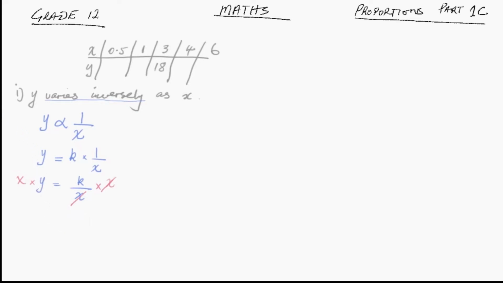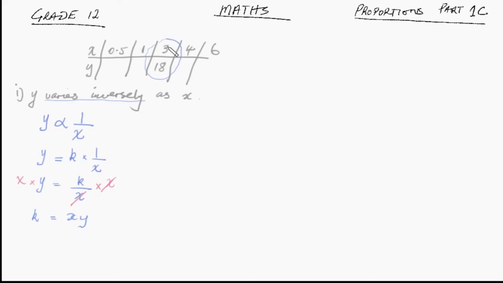Now it looks like our k is equal to xy. Now let's find k. How can we find k? We need to have a certain value of x with its corresponding value of y. If you look at the table here, this part was given to you purposely.